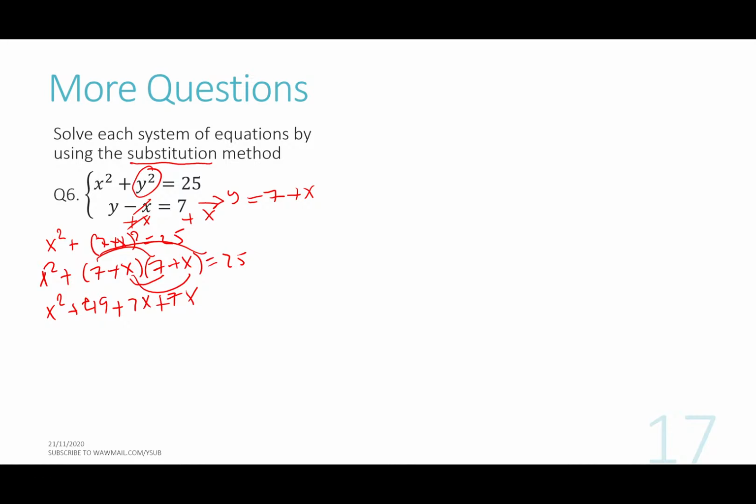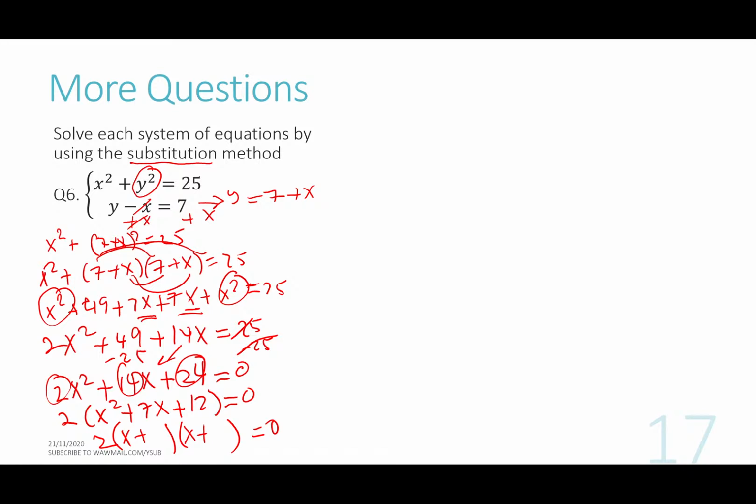If we go here and use the same method which we learned before, x and x, plus and plus, because there's plus and plus here. So we will find 2 numbers, which is 3 and 4 clearly, because 3 multiplied by 4 is 12, and 4 plus 3 is 7. So this is clear. So in this case, x equals minus 4 and x equals minus 3 are the 2 options.